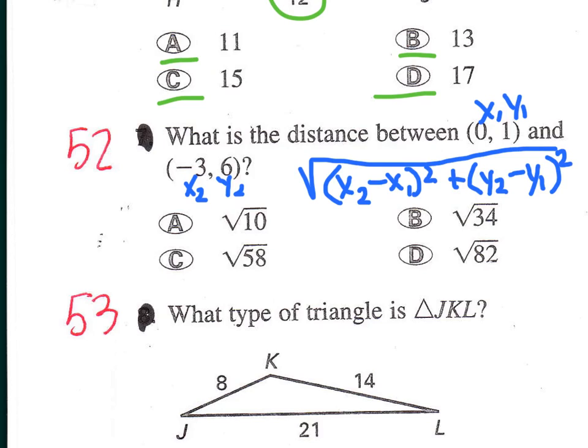You could plug in this whole part into your calculator. Okay, leave it under a radical because look, all your answers are in a radical. You got A, radical 10, B, radical 34, C, radical 58, or D, radical 82. Hit pause and take your time.